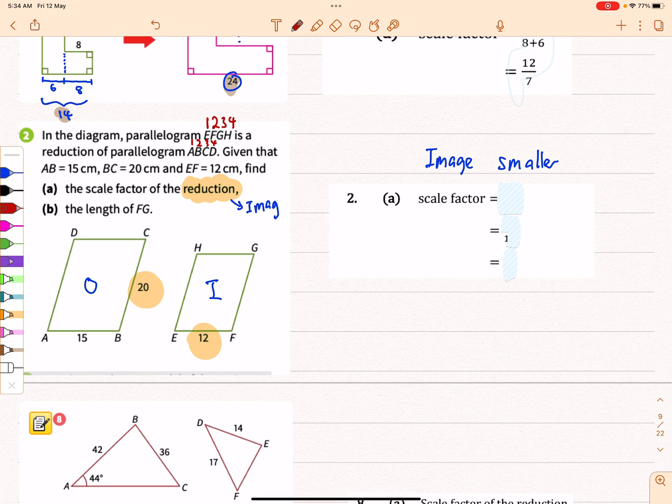If I want to use EF, then EF is 1 and 2, so it must correspond to the other shape 1 and 2, which is AB. Then I know that the orange highlighted is wrong. It shouldn't be 20, it should be AB. So therefore I have my final answer.